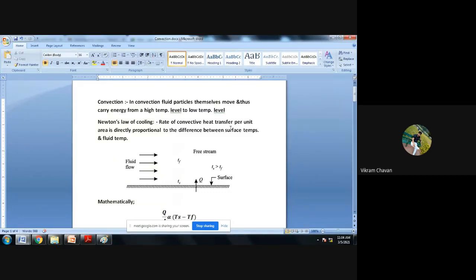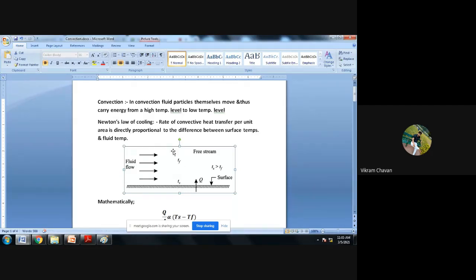To understand this law, we have considered this figure, in which this is the plate which is exposed for convection heat transfer, maintained at a temperature of T suffix S, which is the surface temperature, and fluid is flowing over that plate, whose temperature is T suffix F. T suffix F is less than T suffix S.